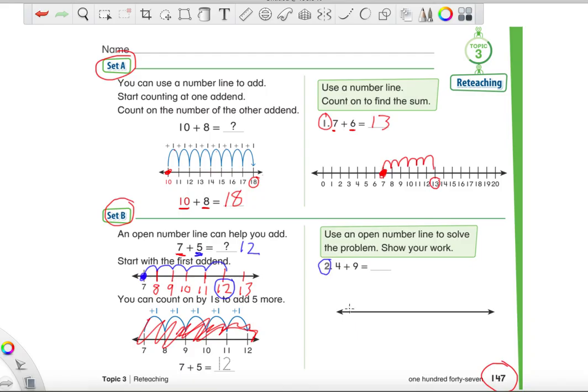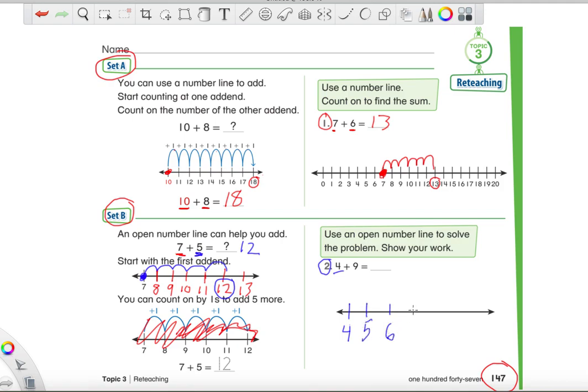Make your own number line. I'll tell you what, I'll help you guys with the number line a little bit. Just make sure you start with 4, okay, because that's your start number. And we're going to keep on going. 5.